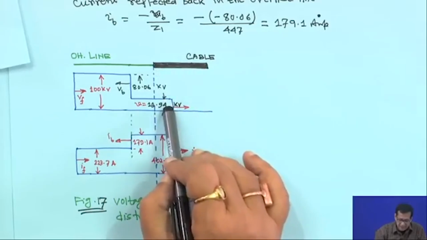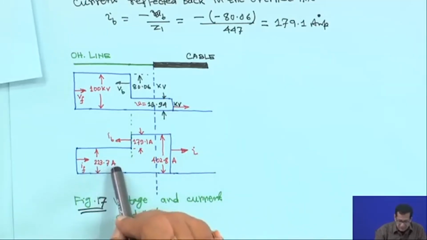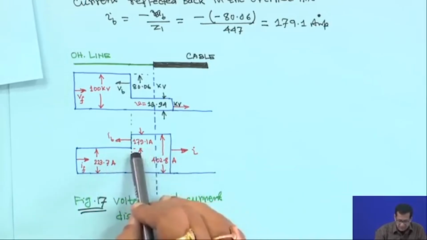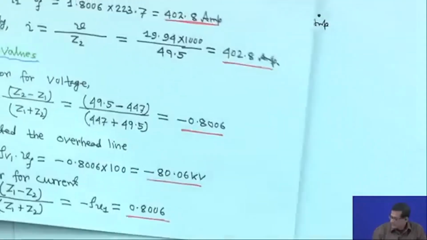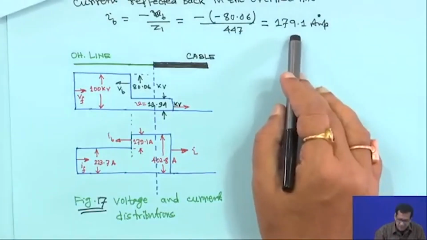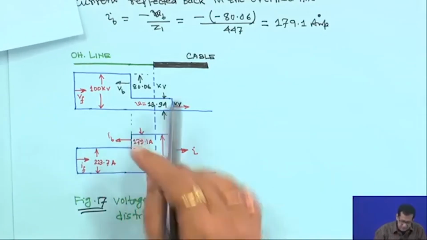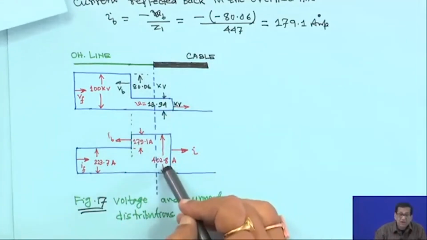This is 19.94 kV. Similarly for the current, it is 223.7 plus the reflected current of 179.1 ampere, so it is 402.8 ampere.